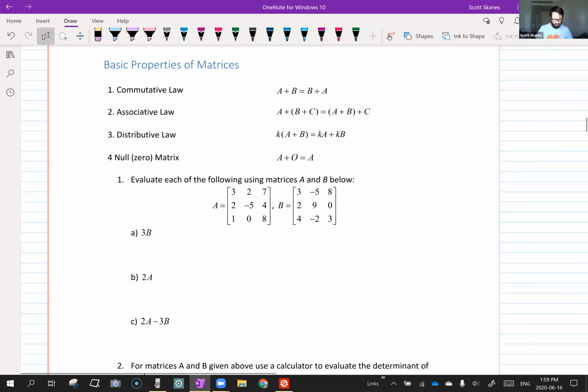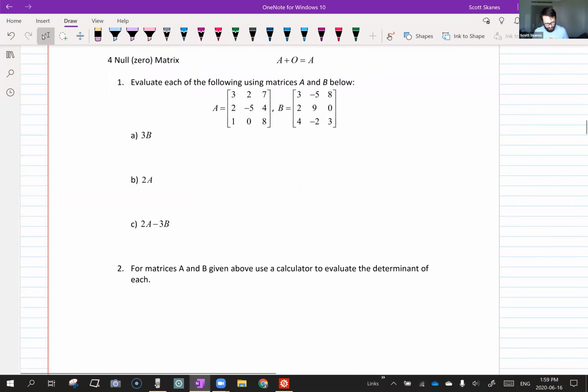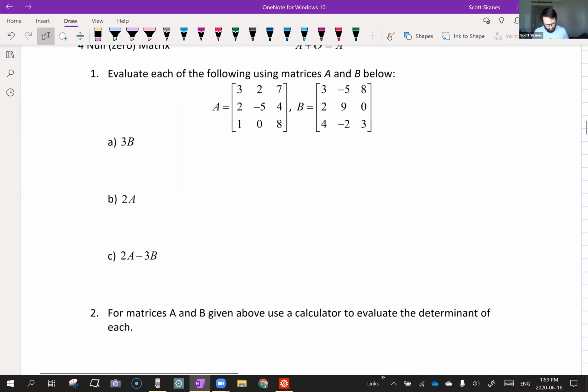Basic properties of matrices. Basically, it says that they work like normal numbers. And the best way to show this is an example. For these two matrices, it says find 3 times B. Well, we already did this rule. Take your B matrix and multiply every single element by 3.